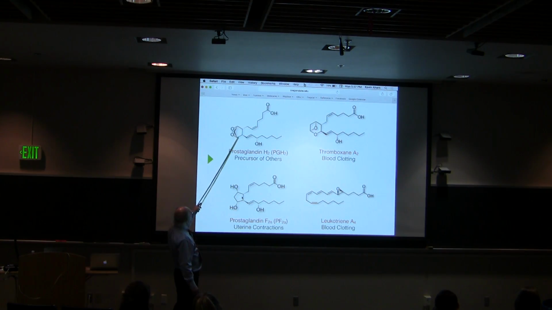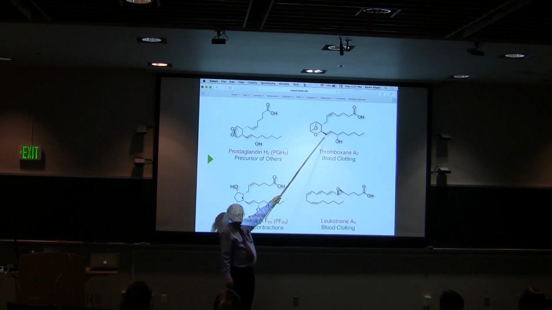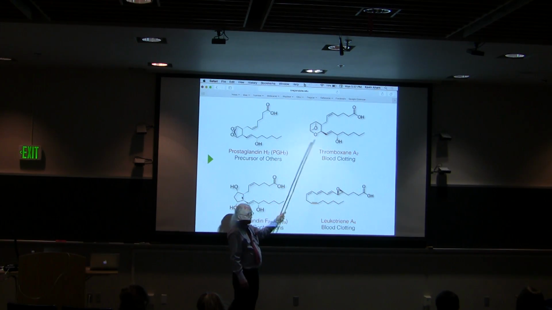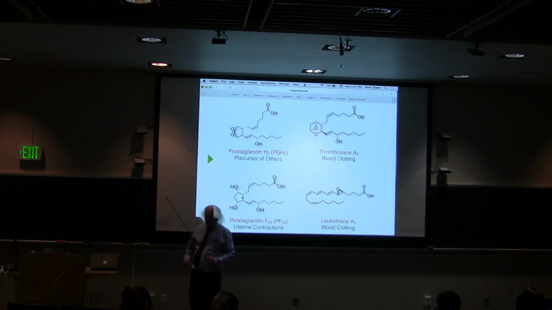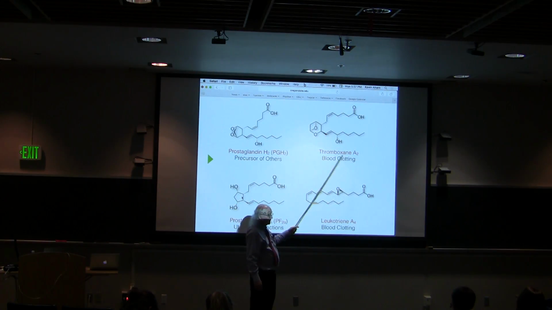Prostaglandins, there's that ring, a 5-member ring with the 2 oxygens attached. This is one of the primary prostaglandins because this is what's made directly from arachidonic acid. It's processed into other ones like this, or it's processed into the thromboxanes, which are shown here. So the conversion of these guys into this is important in the body. Thromboxanes are involved in blood clotting.